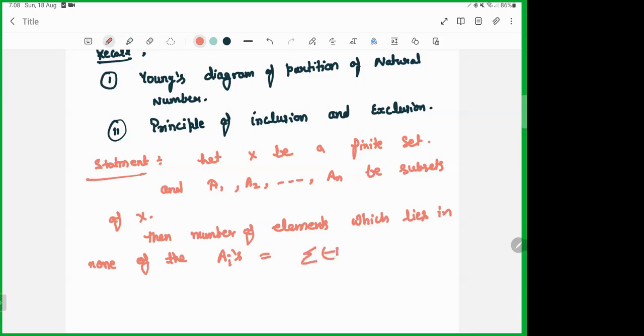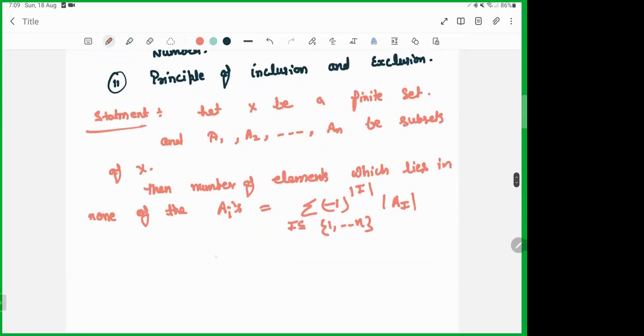This we have proved in lectures. This is the sum of minus 1 to the power cardinality of I times cardinality of A_I, where I is any subset of 1 to n, and I can be empty as well.